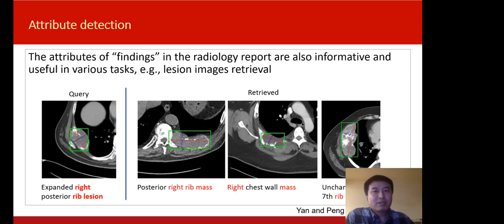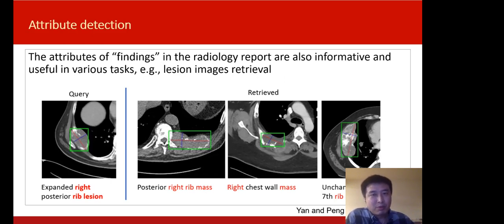To show how those attributes can contribute to the image analysis task, let me first give you an example of lesion image retrieval. The image on the left is the query image, and the images on the right side are the retrieved images. Here we use not only the image, but also attributes like right, which is the location, or rib, which is the body part.